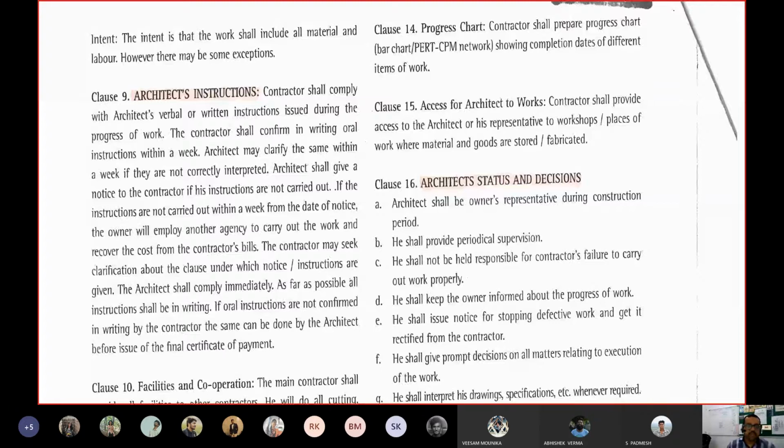Now the contractor shall confirm in writing or oral, so put a slash in between, it went off during scanning, instructions within a week. Suppose the architect has given a verbal instruction, that this balcony was rectangular, make it a bit semi-circular and add a floral design.